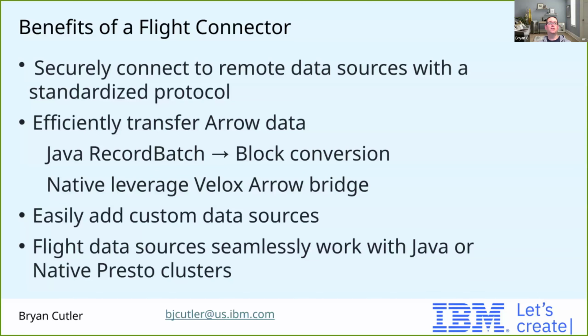On the Java side, we have conversions to convert Arrow record batches to standard Presto blocks and data pages. And on the native side, it leverages the Velox Arrow bridge. Velox already was able to speak Arrow, so we're able to make use of that, and it works very efficiently to bring Arrow data into Velox.